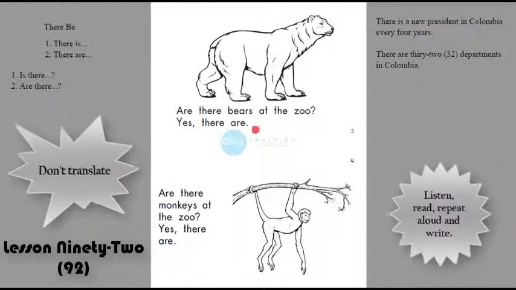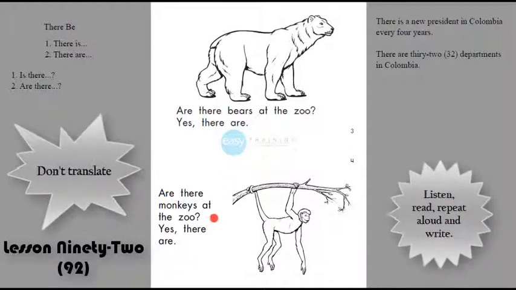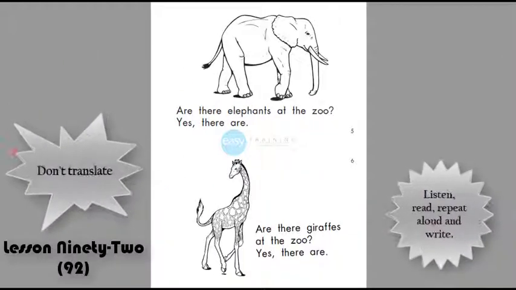Are there bears at the zoo? Yes, there are. Are there monkeys at the zoo? Yes, there are. Next page. Are there elephants at the zoo? Yes, there are. Are there giraffes at the zoo? Yes, there are.